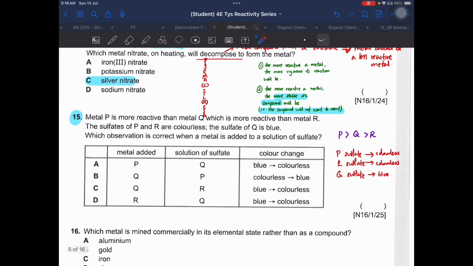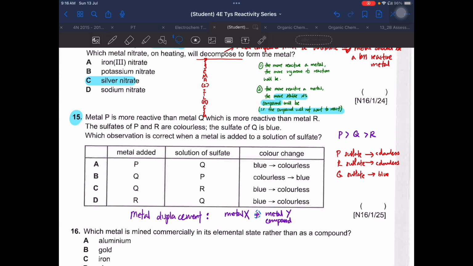Displacement as a concept, just a reminder for all students, metal displacement is not just about if you see two different metals, there must be a metal displacement. Metal displacement is that you must use a metal plus another metal compound. So I'm going to use just metal Y and metal X as an example.